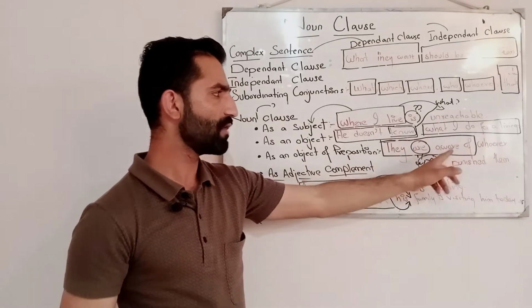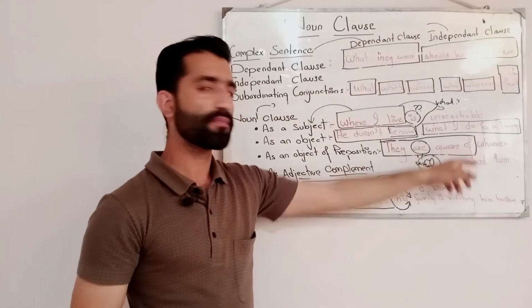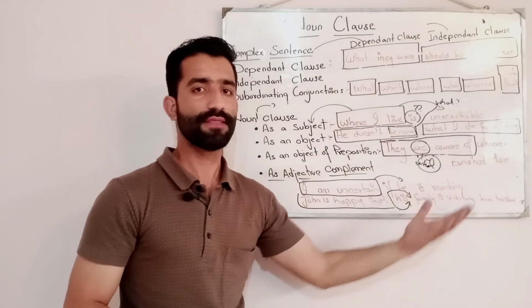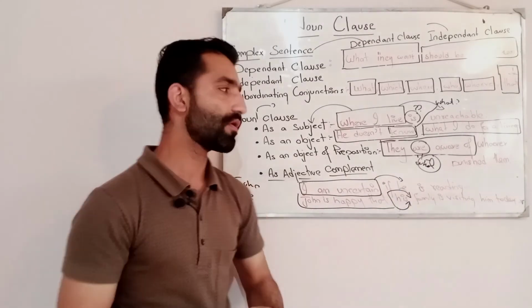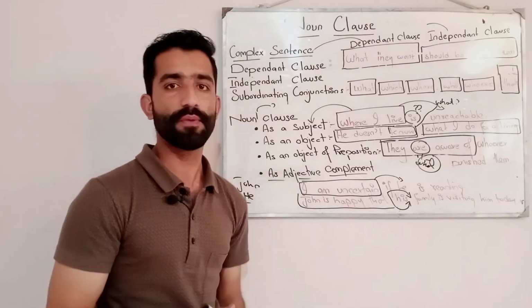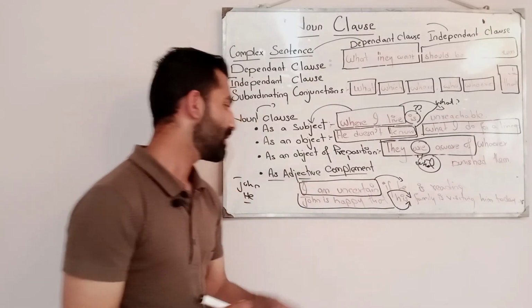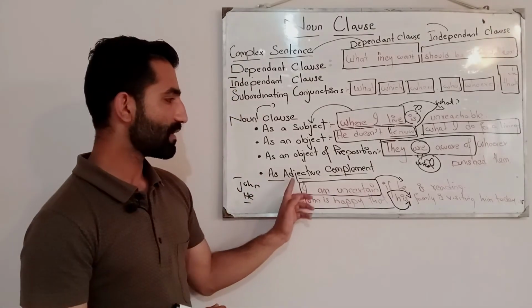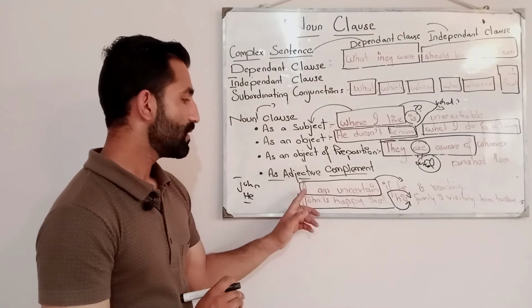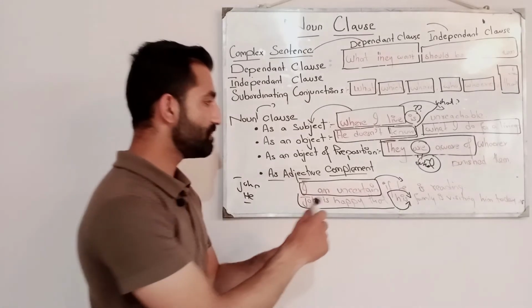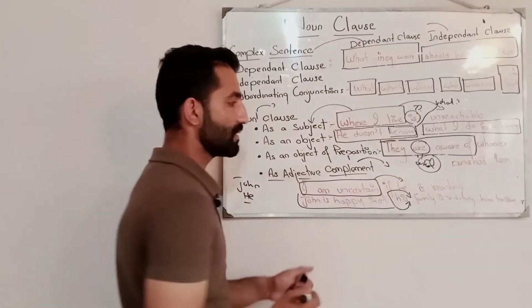We can have so many verbs or adjectives which take prepositions after themselves, and that is the way we can identify or put any noun clause after it, and it will still be functioning as a noun clause. In the same way, we have noun clause as adjective complement. How can it be? Basically, what's a complement?